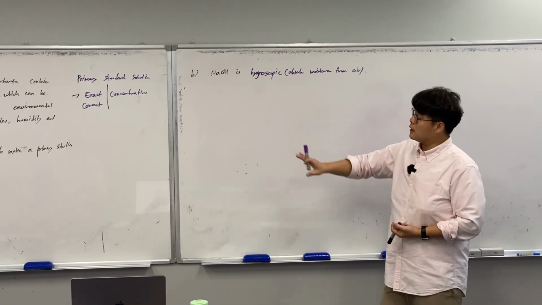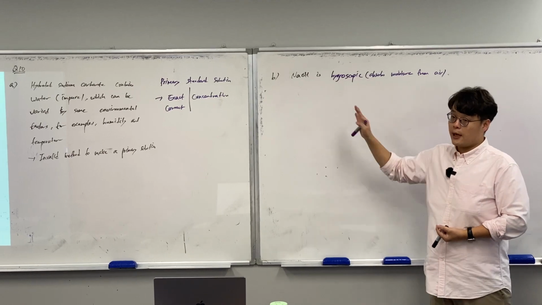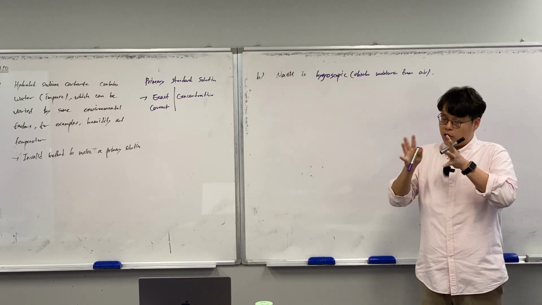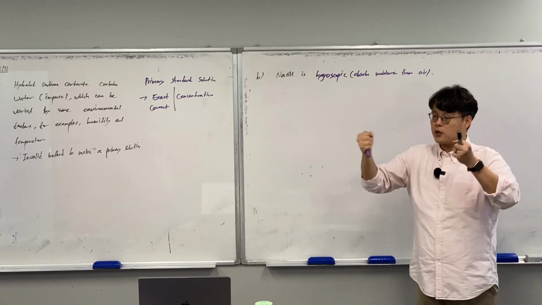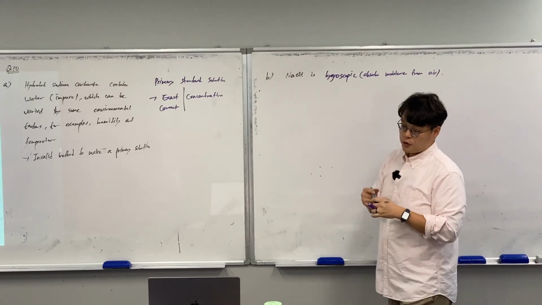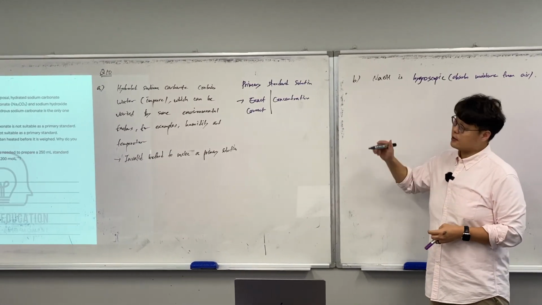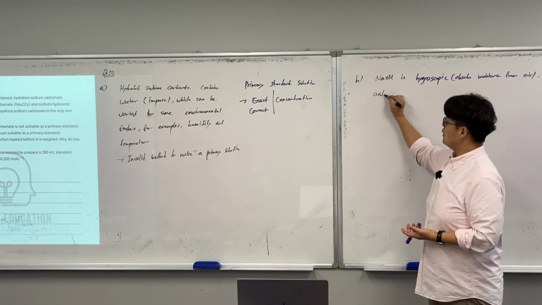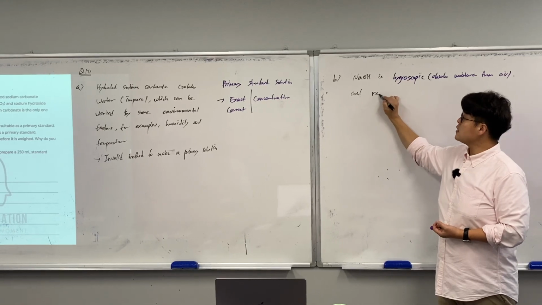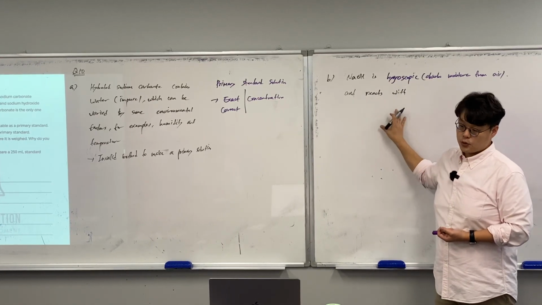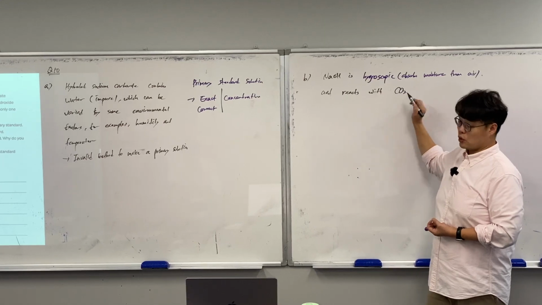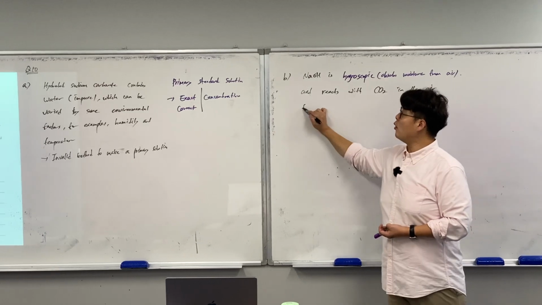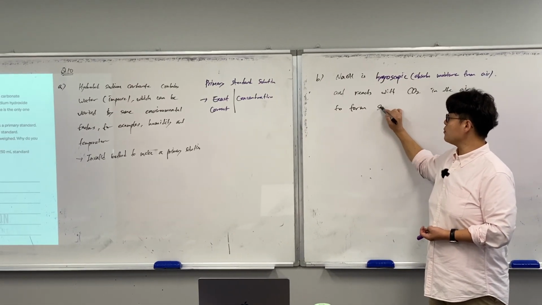Now, the issue with making sodium hydroxide a standard solution is, as soon as you take the sodium hydroxide out of the vacuum seal, it absorbs moisture straight away, increasing its mass, and it also reacts with the carbon dioxide CO2 in the air to form sodium carbonate.